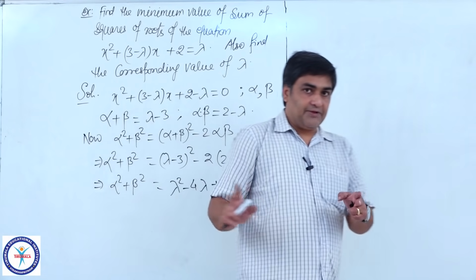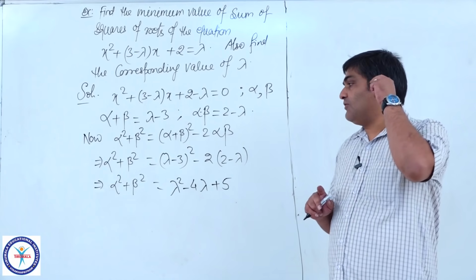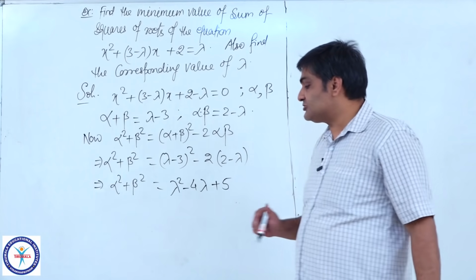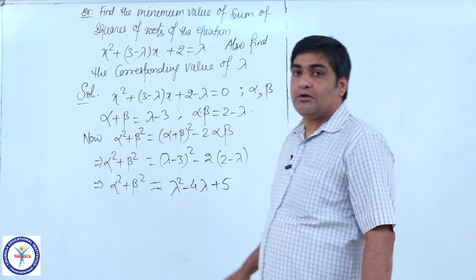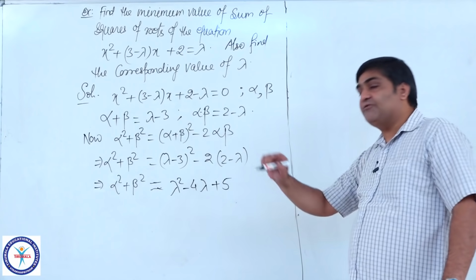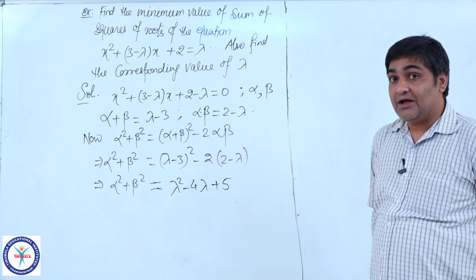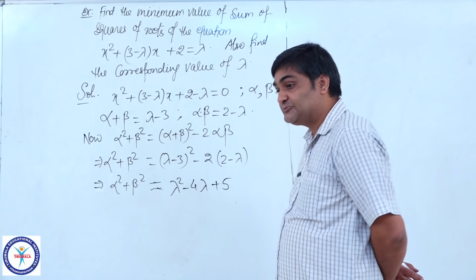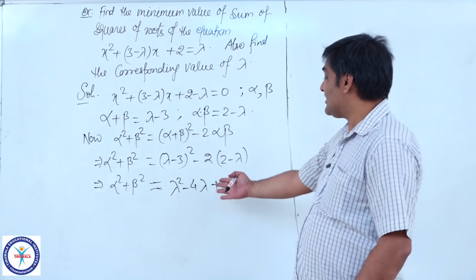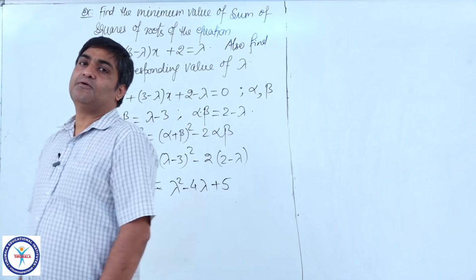See, if we observe over here, the sum of squares of roots of the equation depends upon the value of lambda, and this sum is also a quadratic in lambda. So, either we make it a perfect square or we can directly use the formula.